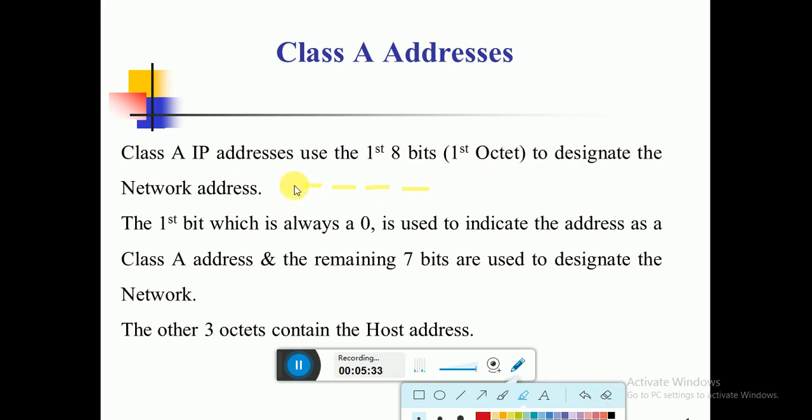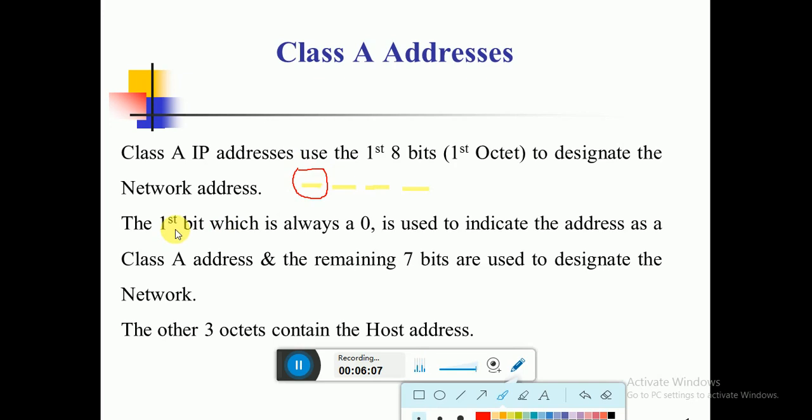Only the first portion from the left is related to the network address. So there is a network portion in a single IP, and there is a host portion, or we can say a client portion, in a single IP. From the left side, only the first portion belongs to the network, and the remaining 3 portions belong to the host portion.